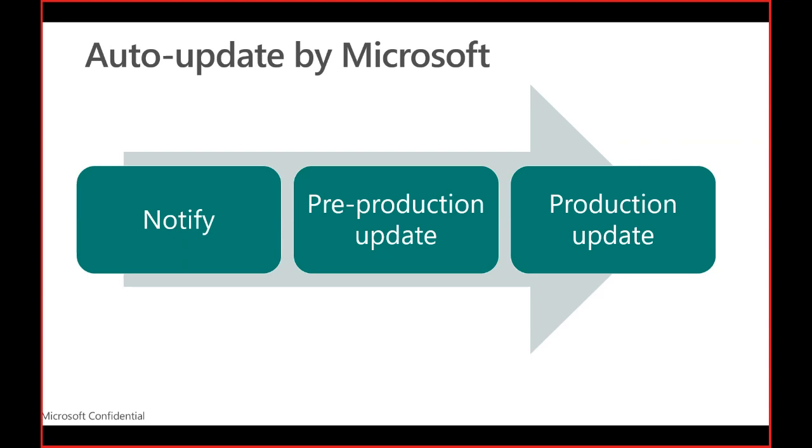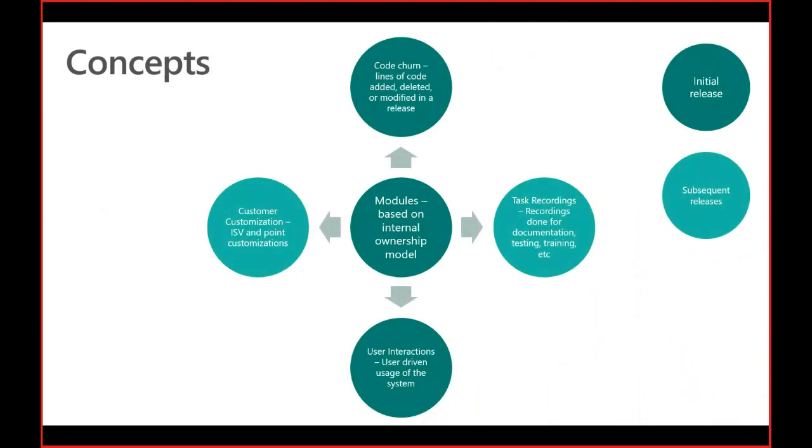If you're having Microsoft do all of the auto update, that's when you should look at your validation. So the first validation aspect I want to talk about is that impact analysis. How do you know how your environment is going to be impacted as a result of this update? Well, we've got a tool that's going to be coming out soon called the Update Impact Analyzer.